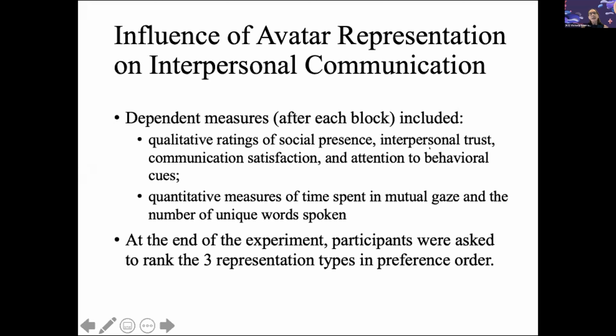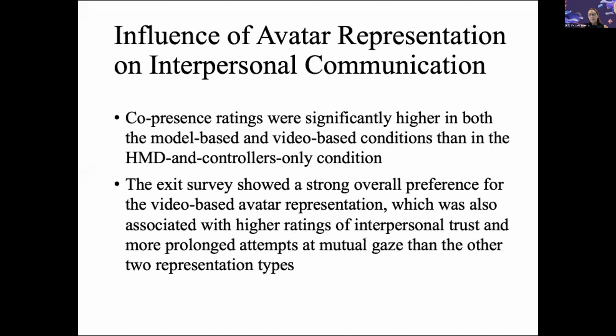So like how much attention did they pay to the avatar's body motion or facial animation or so on. And we also collected quantitative measures of the time that they spent trying to engage in mutual gaze with the experimenter and the number of unique words spoken. And then at the end of the experiment, they had to rank the 3 representation types in preference order.